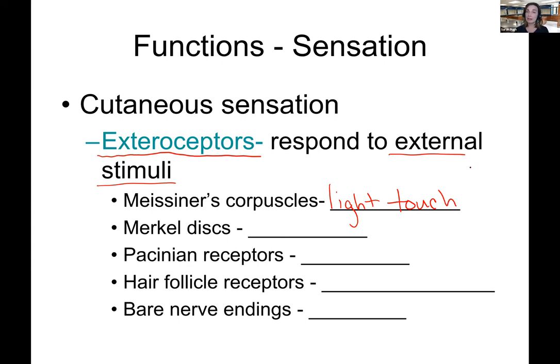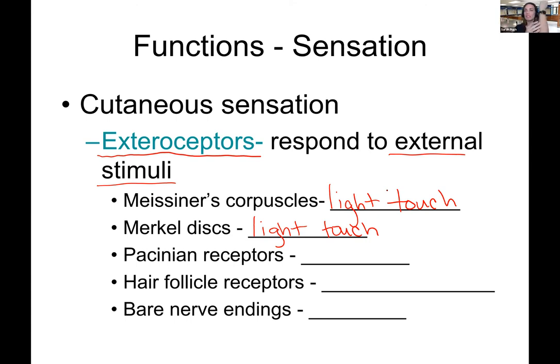We also have Merkel discs. Merkel discs, these are also going to help pick up light touch, light pressure. A lot of times these are associated with a deeper nerve, so they're making sure that the nerve stays healthy. A Pacinian receptor.